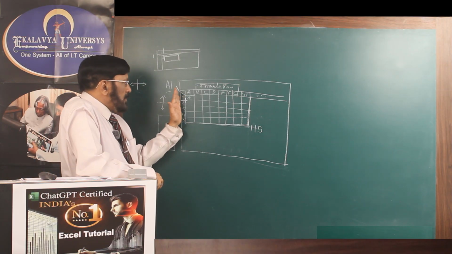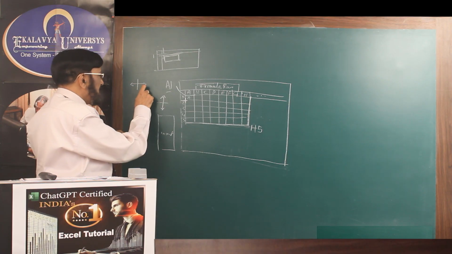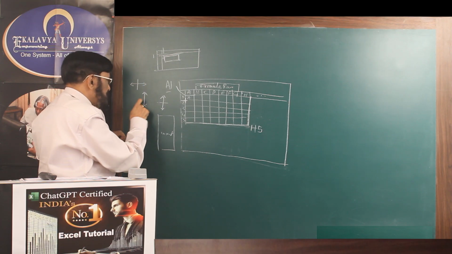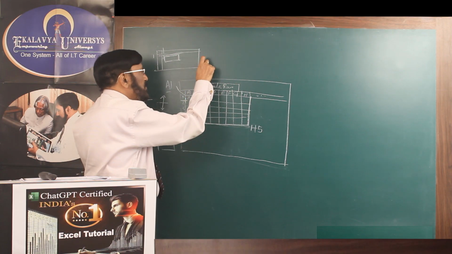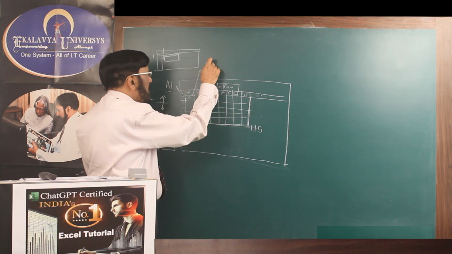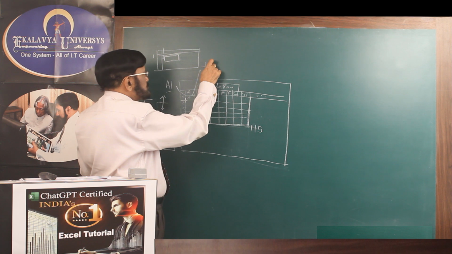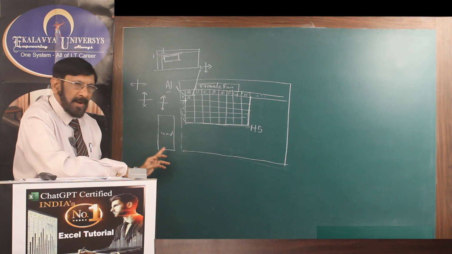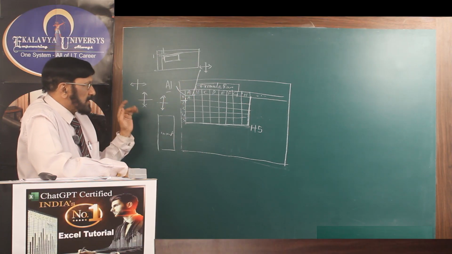Suppose you want to create a column as blank. Then what is the cursor? This one we have to use, the column resize cursor. You have to put it here, and the same procedure: right click, you find Insert, and you press on that.